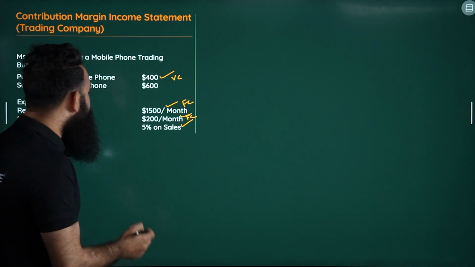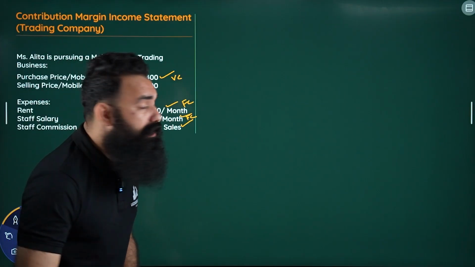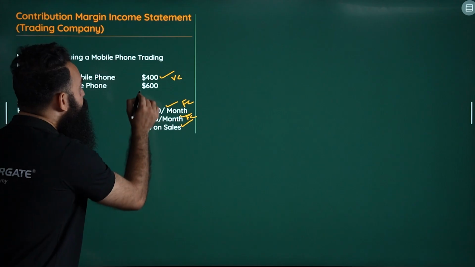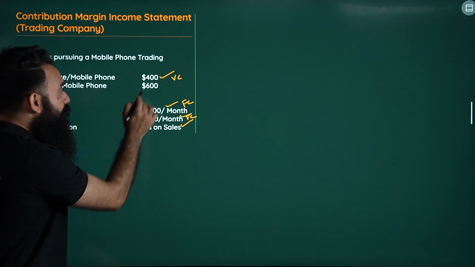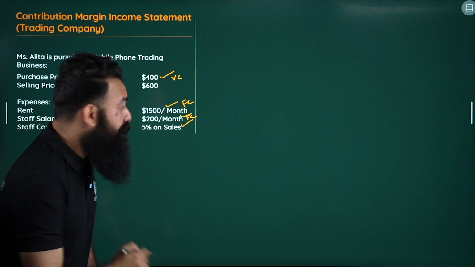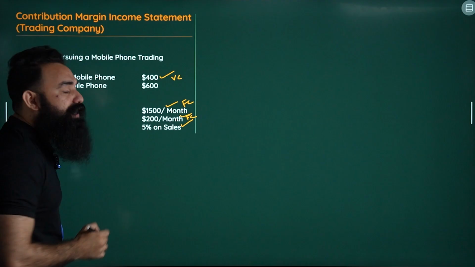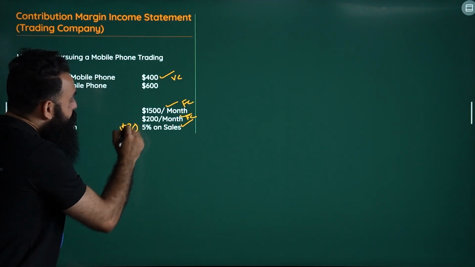As we have discussed earlier, for each dollar of sales we have to pay 5% commission. That means the sales of 1 unit is $600, right? This is our revenue or sales. So 5% of 600 would be how much? Let's say that is $30.